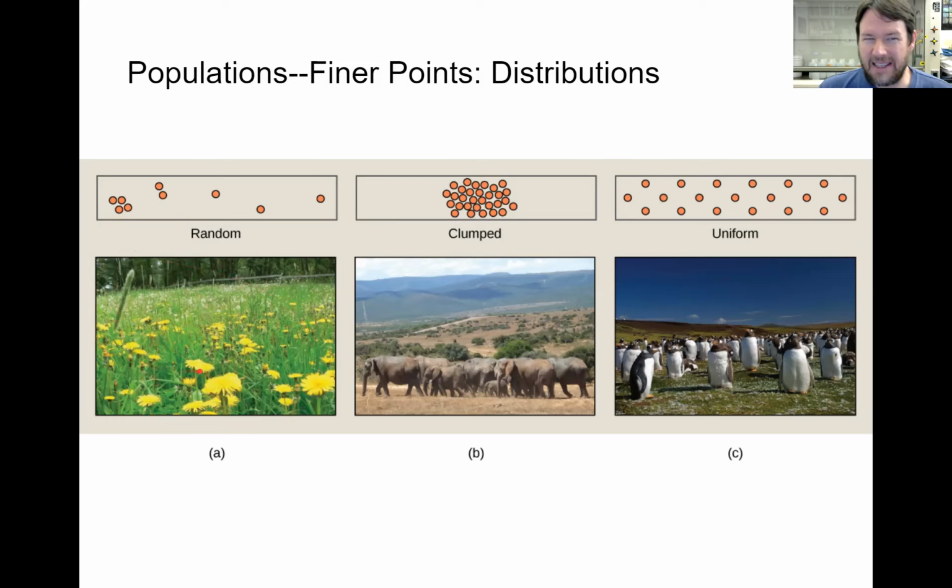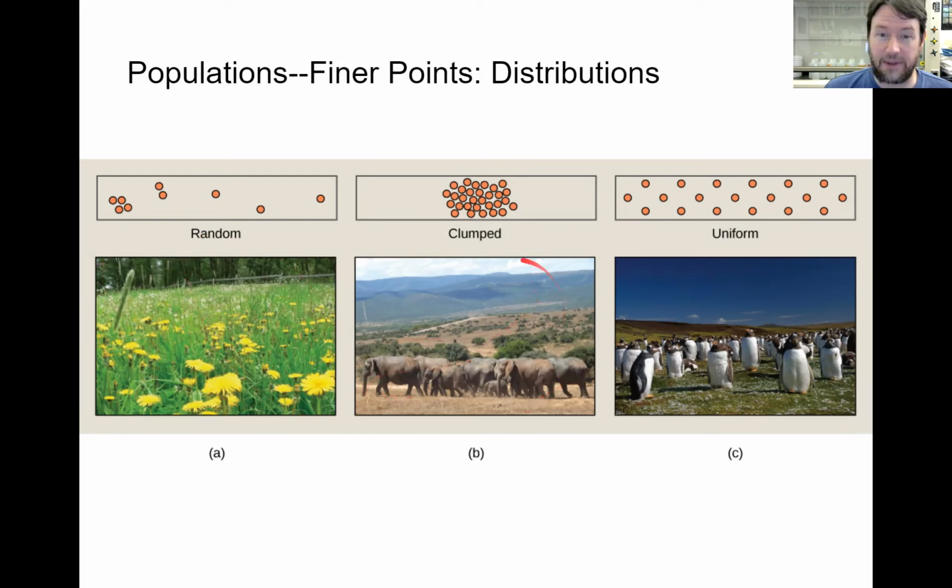And basically those organisms aren't really interacting with each other, right? They don't get a benefit from being close together and huddled up, and they don't get repulsed by competition away from each other. So that's one pattern. A different pattern might be like this herd of elephants here.